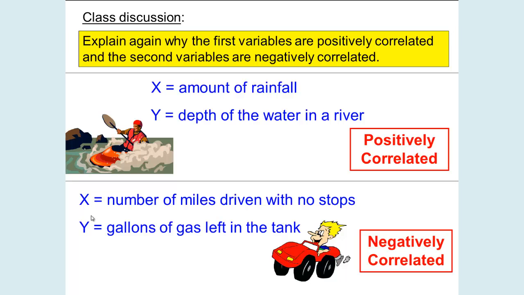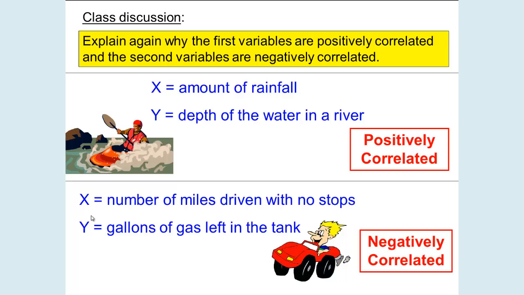So does the amount of rainfall increasing mean the depth of water increases? Yes, they have to be doing the same thing. Does it work conversely? If the amount of rainfall decreases, does the depth of the water decrease? Yes, the less rainfall we have, the less depth of the water in a river we would have.